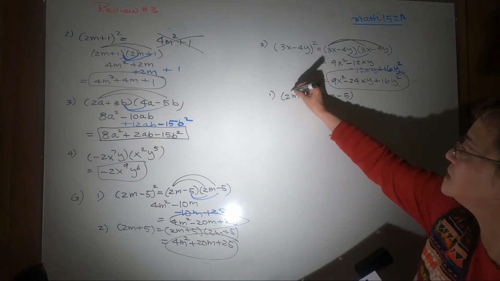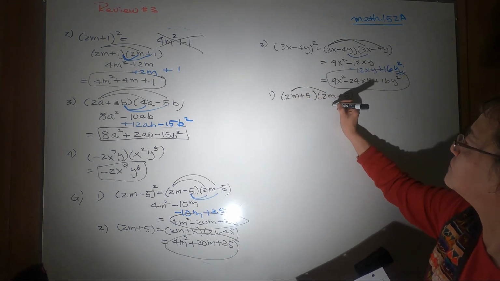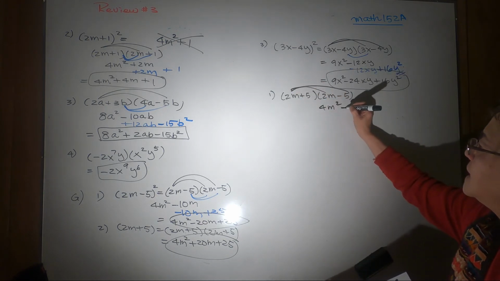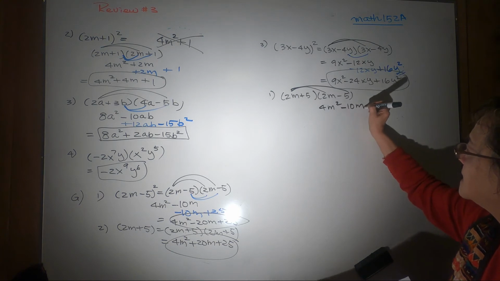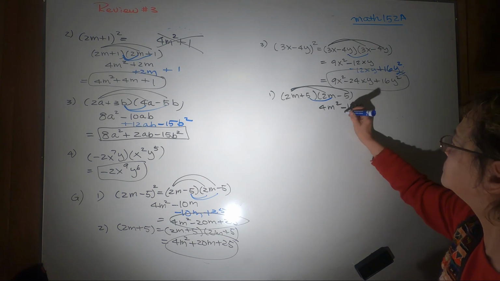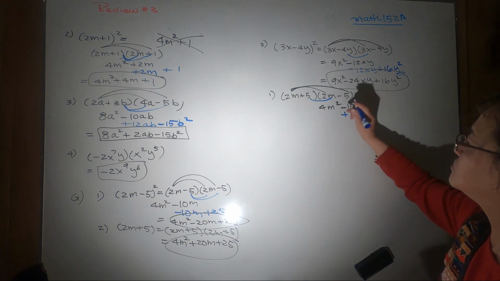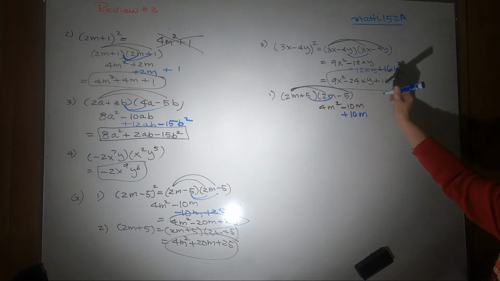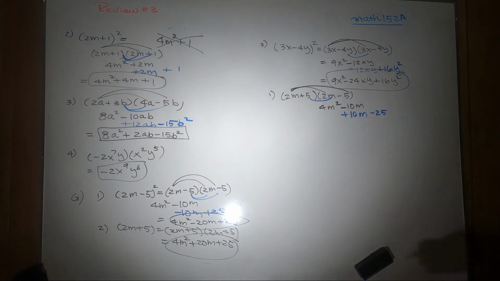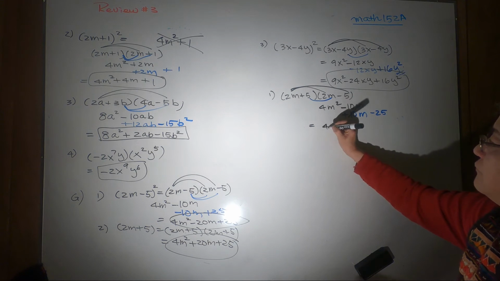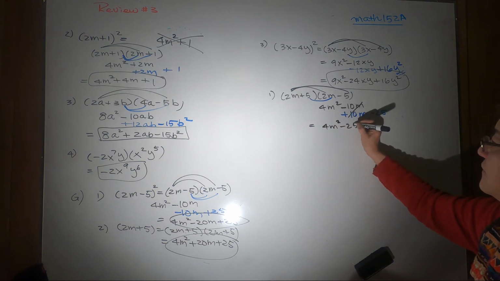But this one, let's see, 2m times 2m will be 4m squared, 2m times negative 5 is minus 10m, right? And this one, 5 times 2m will be plus, because one is plus, one is minus. 5 times 5 is negative 25. And end up, it's different. What happened? This cancels out. So you have what? 4m squared minus 25.